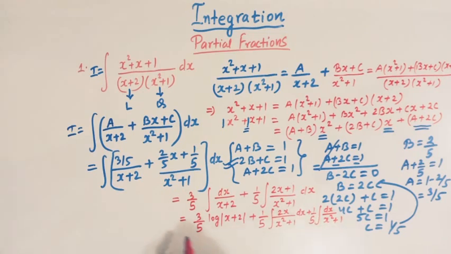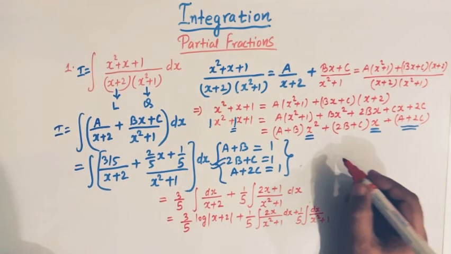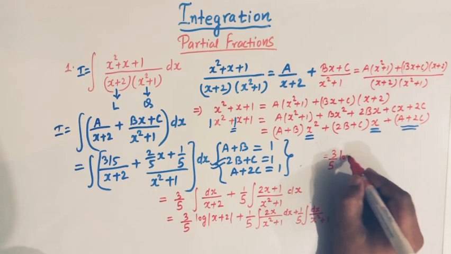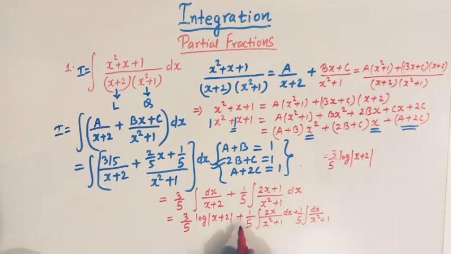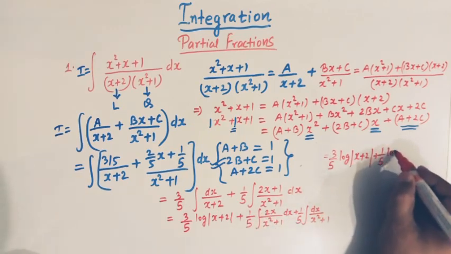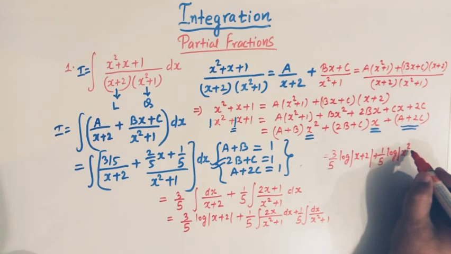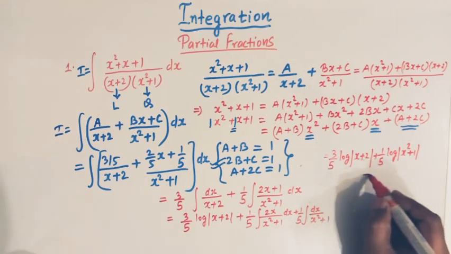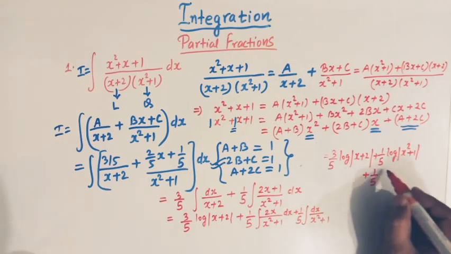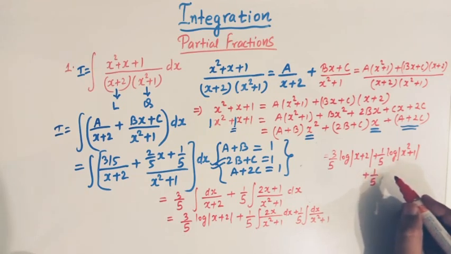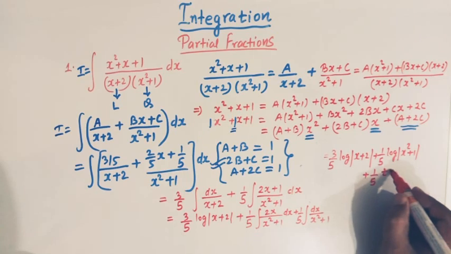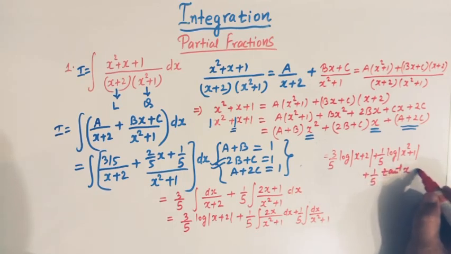Okay, now this expression can be written as 3 by 5 log of x plus 2, and then we have 1 over 5, and see the derivative of x square plus 1 is 2x, so this is simply log of x square plus 1, and then we have 1 over 5 tan inverse of x, right, plus c.